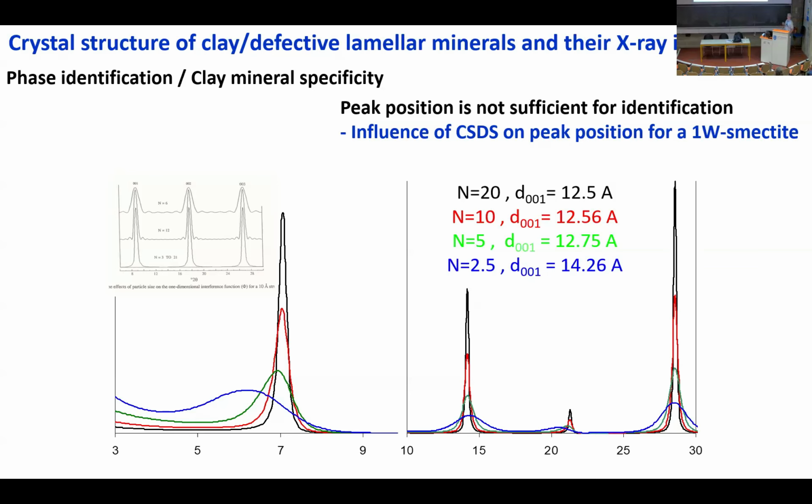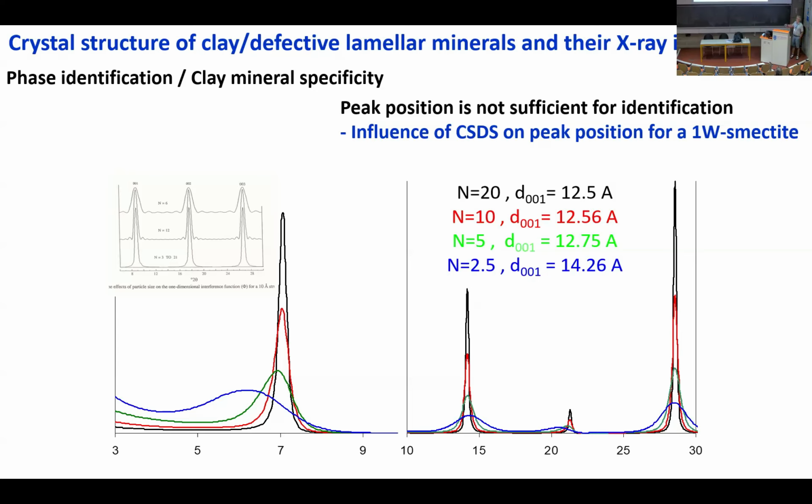But associated to this broadening, because the diffraction pattern that is calculated here is a convolution of the interference function, which controls the breadth of the peak, and of the structure factor, which will modulate relative peak intensity.